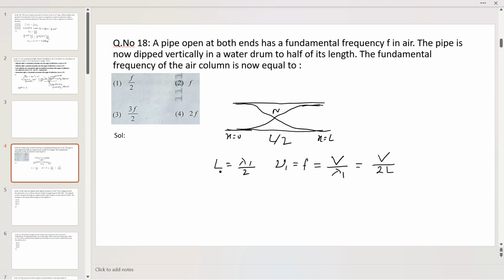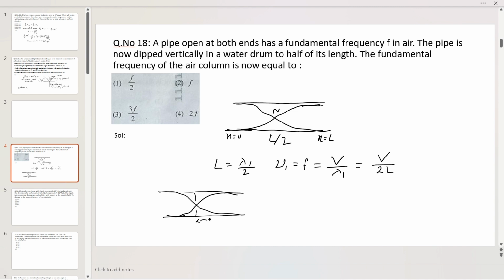Now when it is dipped in water, your figure becomes like this. When it is half dipped in water, up to half it is filled with water.